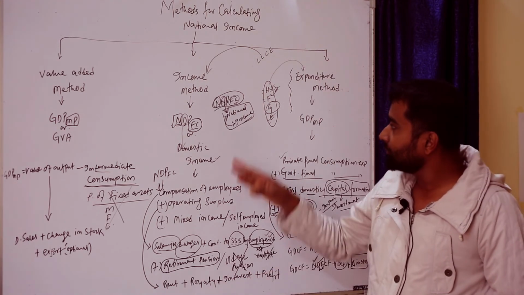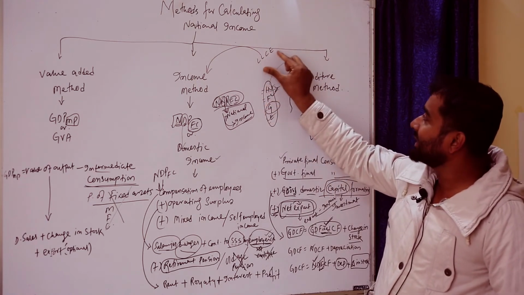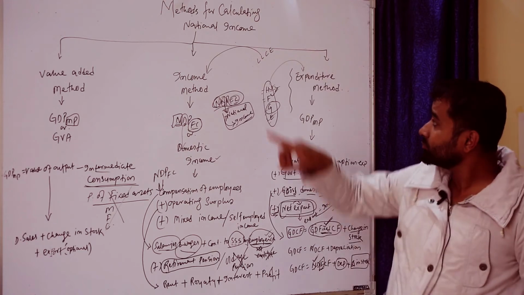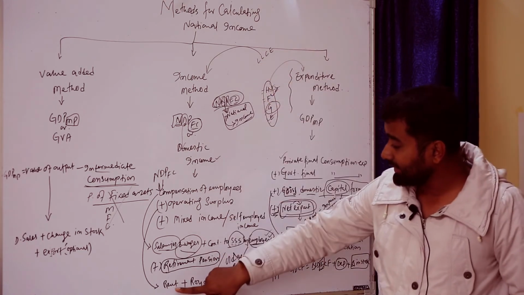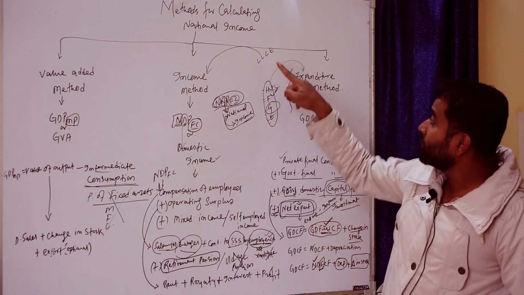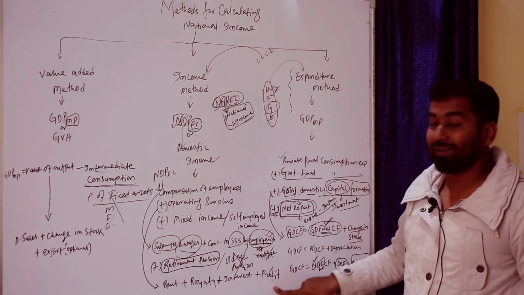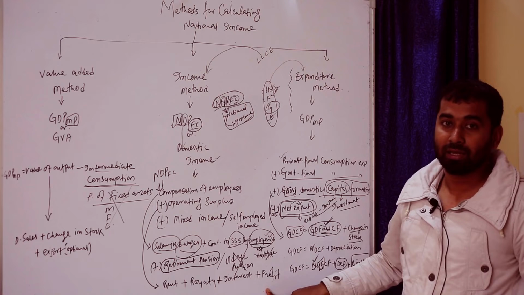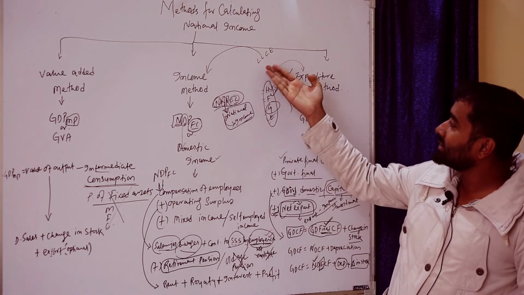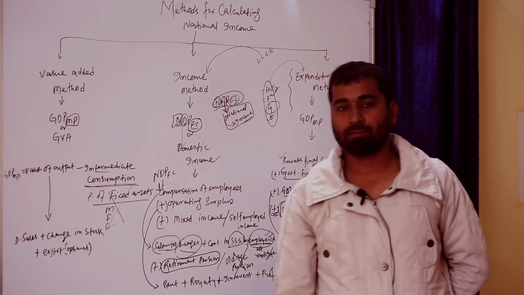So indirectly, land, labor, capital and entrepreneurship come under NDPFC. For land I am taking rent, for labor I have already taken wages and salaries, for capital I have taken interest, and for entrepreneurship I have taken profit. I hope that is clear. So in this income method we are considering land, labor, capital and entrepreneurship, that is, the income of the four factors.